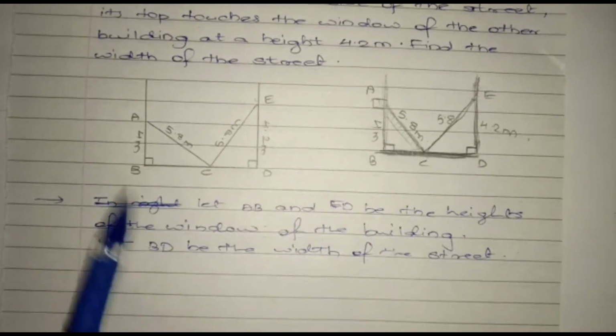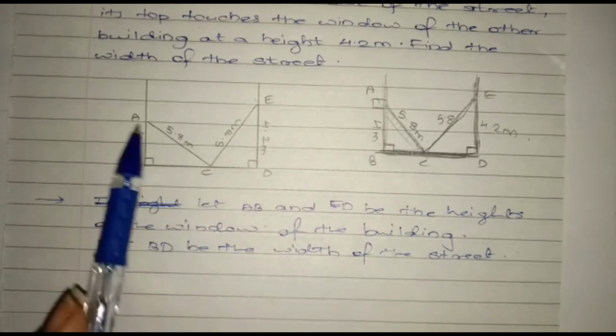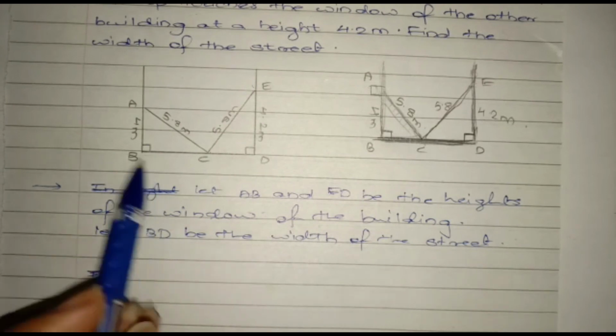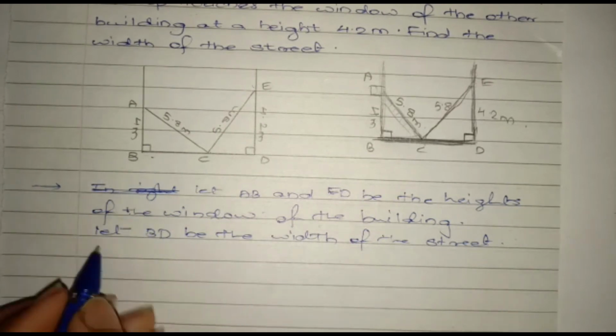Now we can consider right angle triangle ABC and use Pythagoras theorem. First we will write why this angle is 90 degrees.